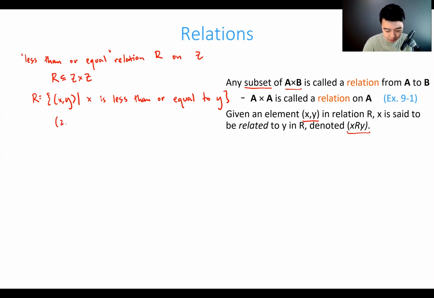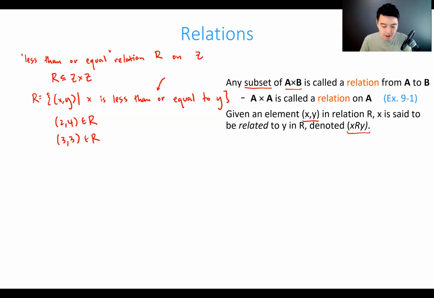I can say, for example, (2, 4) is in this relation. Why? Because 2 is less than or equal to 4. But what about (4, 2)? Well, (4, 2) would not be in this relation because 4 is not less than or equal to 2, right? We can similarly say that (3, 3) is in this relation. Why? Because 3 is less than or equal to 3. So understand that these are in the relation because they abide by this definition.